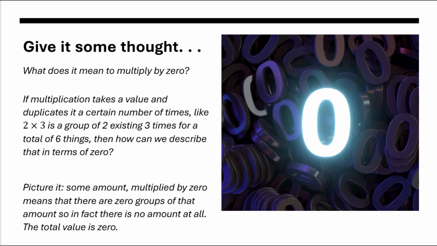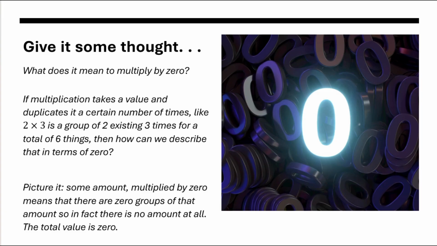So if multiplication takes a value and duplicates it a certain number of times, like 2 times 3 is a group of 2 existing 3 times for a total of 6 things, then how can we describe that in terms of zero?